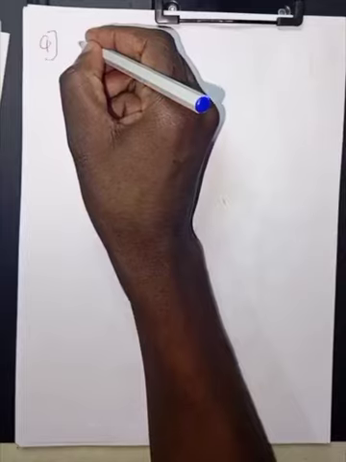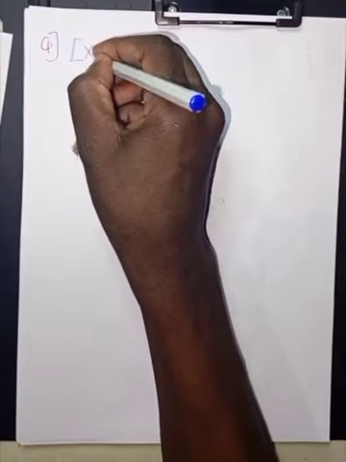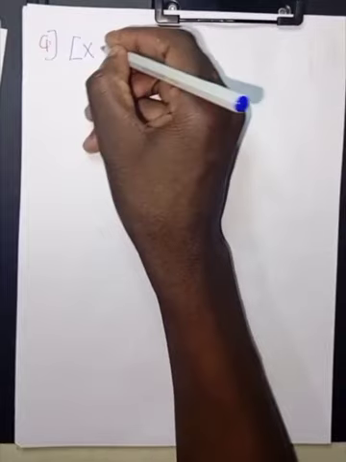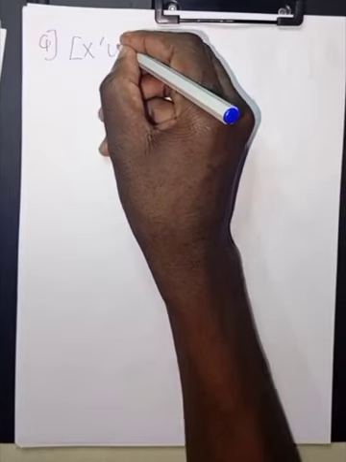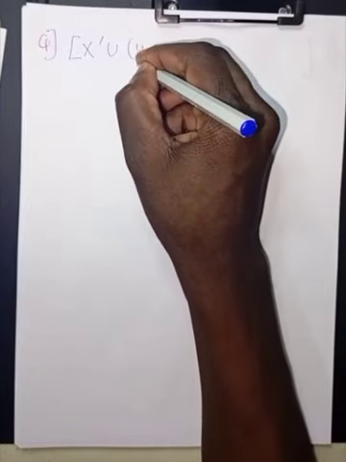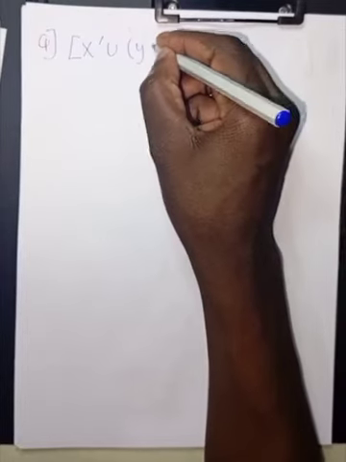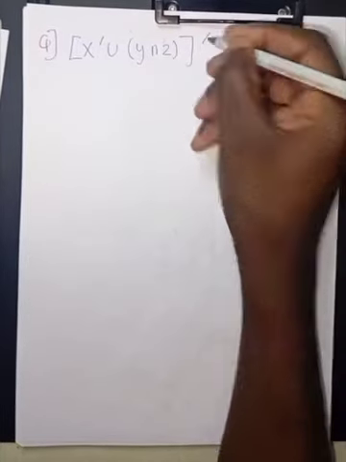Simplify x complement union, then open brackets, this is y, then the intersection z, then square bracket complement.